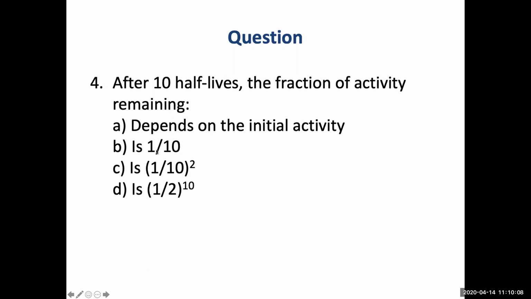After 10 half-lives, the fraction of activity remaining depends on the initial activity: 1/10, 1/10 squared, 1/2 to the power 10. After 10 half-lives, sorry.